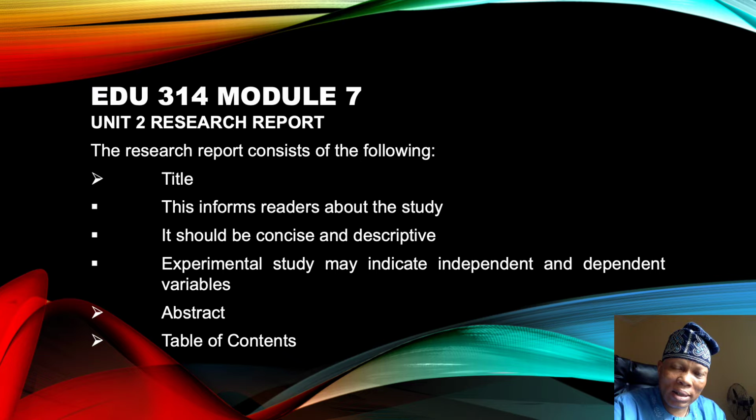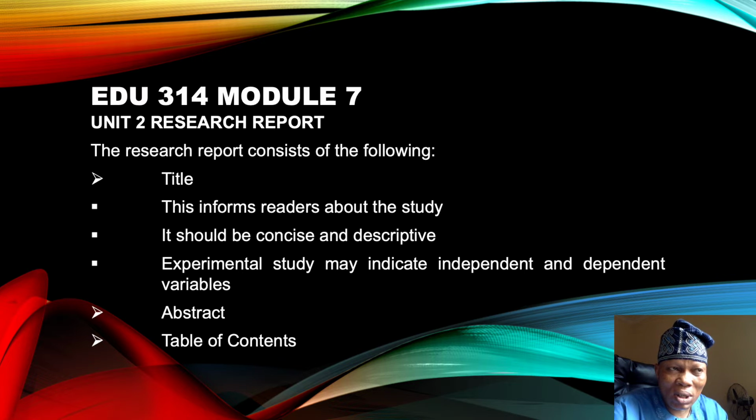You agree with me that after you must have done with your research proposal, you must have gone far, 60% in writing your thesis. The remaining ones will be chapter 4 and 5. That is, you go to the field, you analyze your results, and you report. And that is why today we are talking about research report.